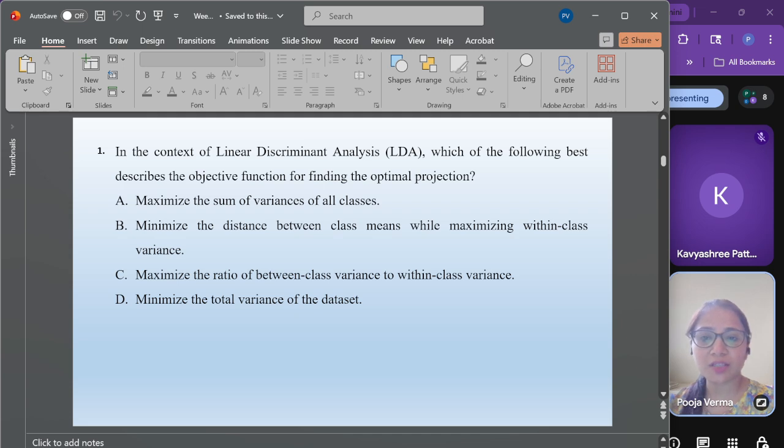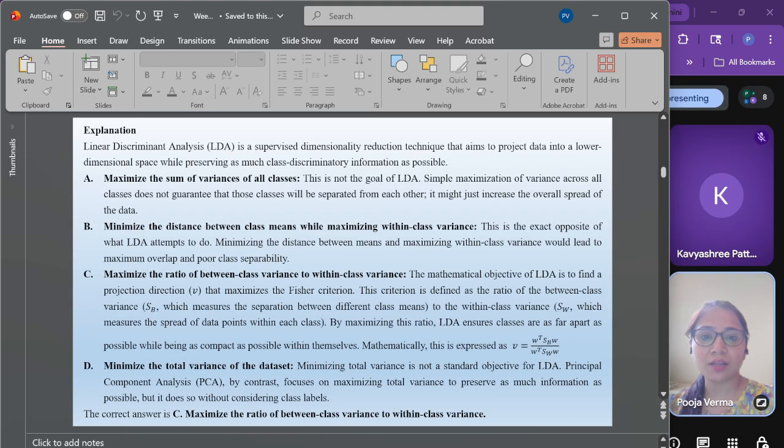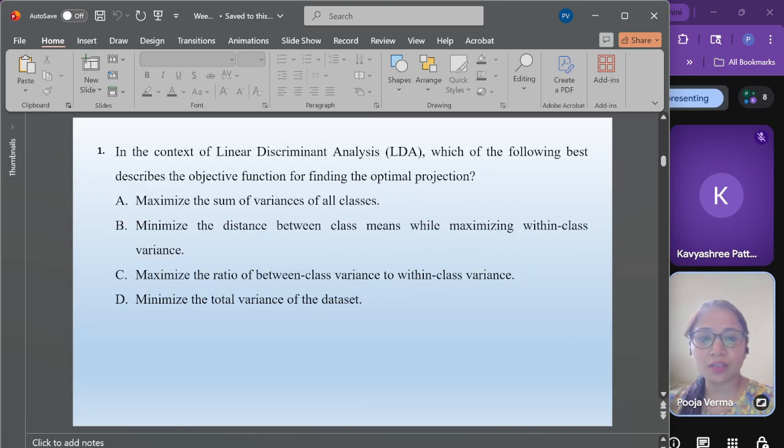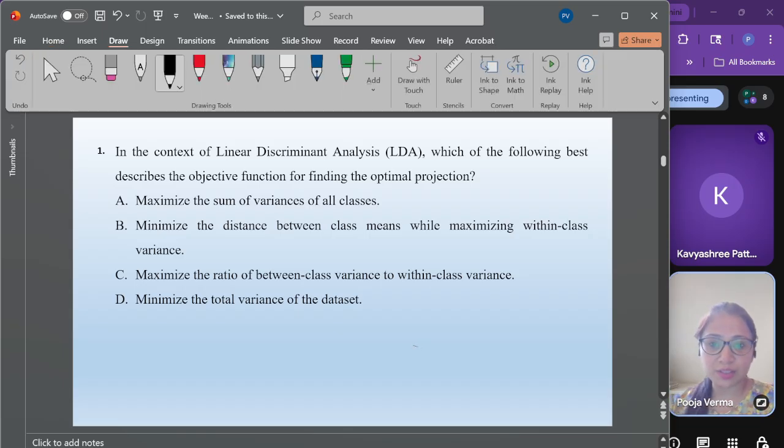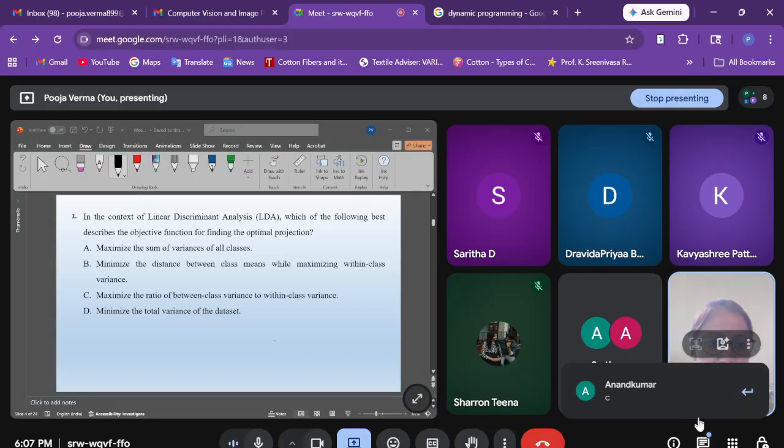Option C, maximize the ratio of between class variance to within class variance, or minimize the total variance of the dataset. Which option can be the correct one? First, you try to give an answer for this question. Then we will go through the detailed explanation.